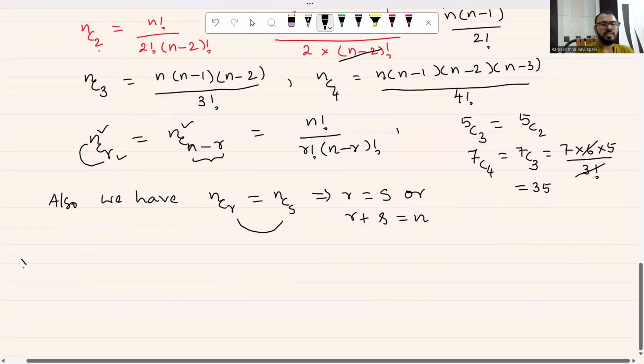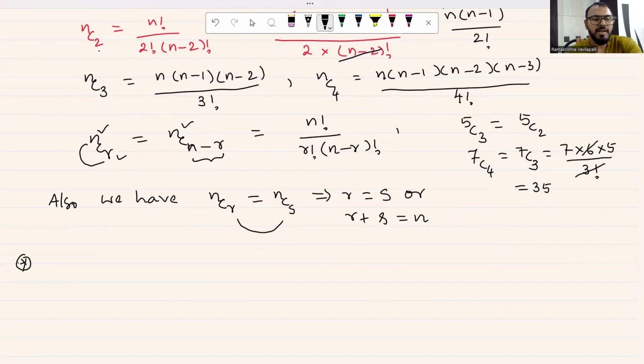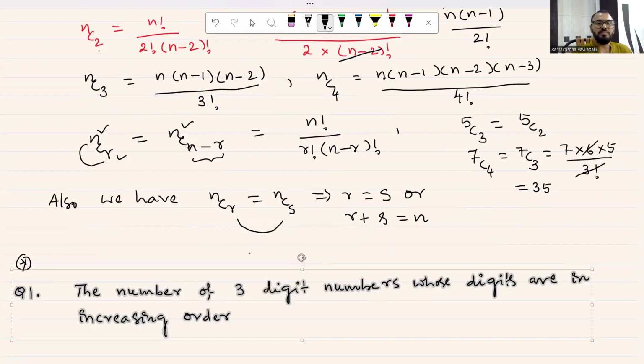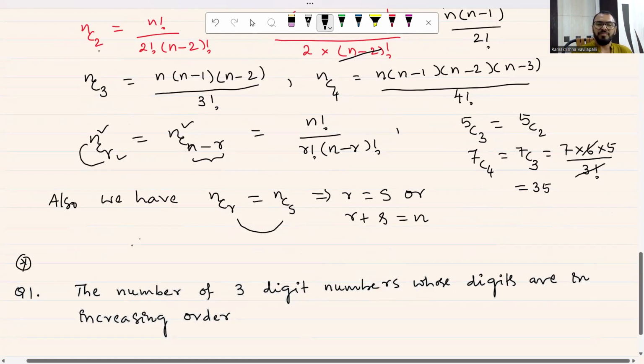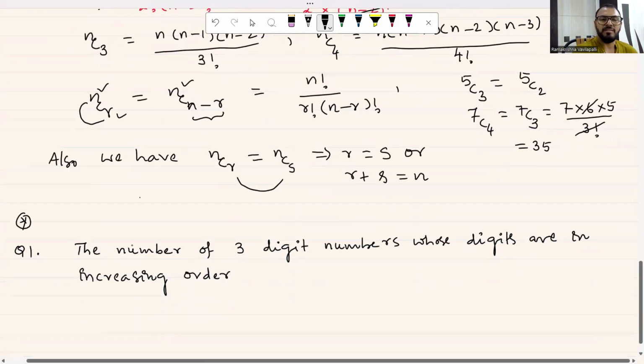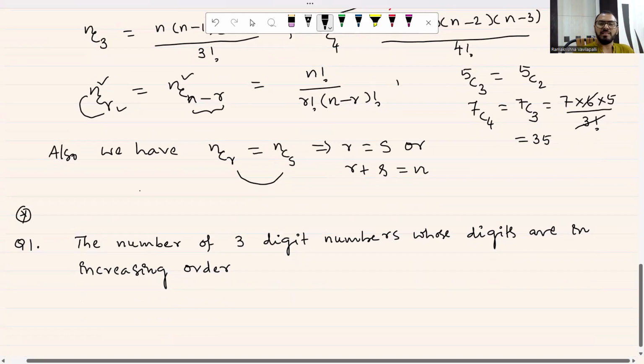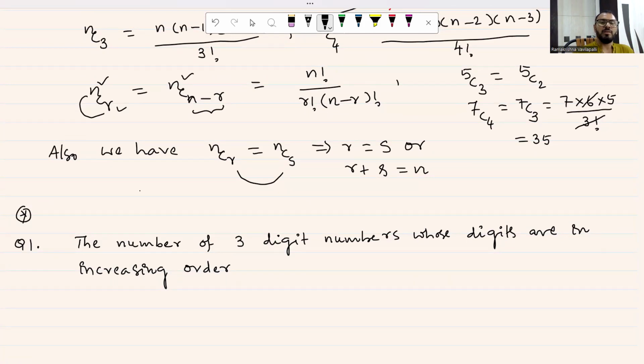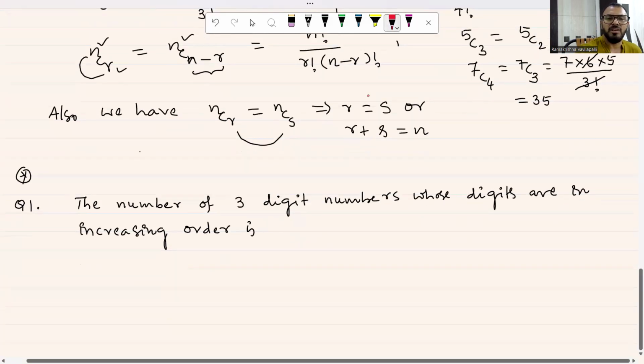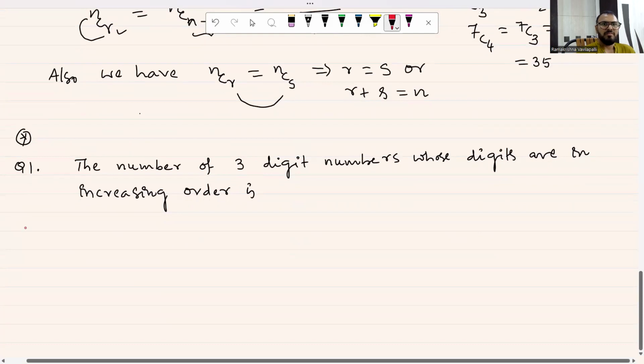There is another question based on this combinatorics. I'll write it now. See, this is a little bit difficult. The number of 3-digit numbers whose digits are in increasing order is dash. This is the question. Well, the solution is quite simple.